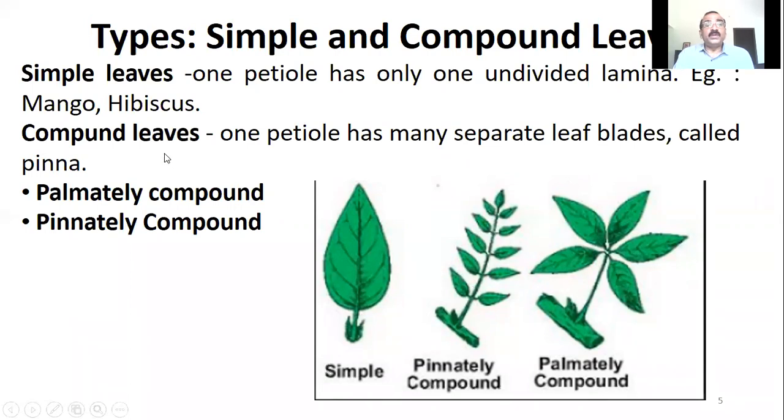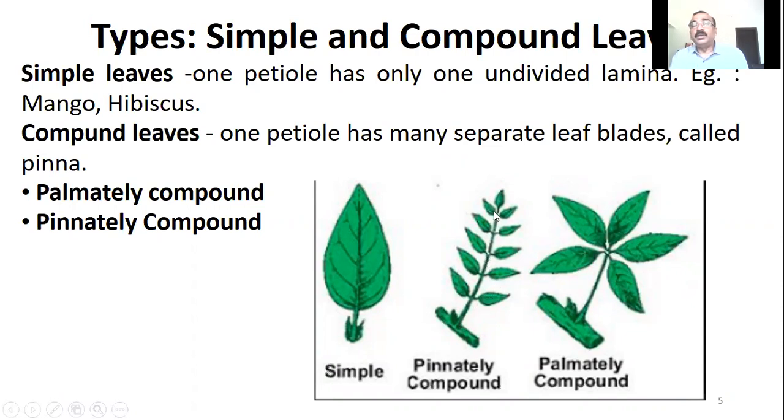Now coming to compound leaves, there are two types of compound leaves. One is called palmately compound leaf. The other one is called pinnately compound leaf. Now what is the difference? Now look at these two. Both are compound leaves because on the same petiole, there are many lamina or lobes. Now look at the arrangement of these pinnae.